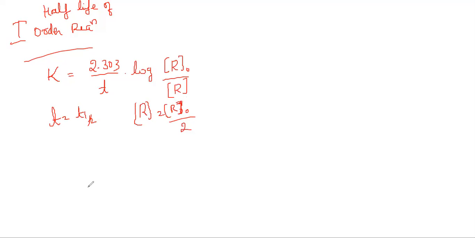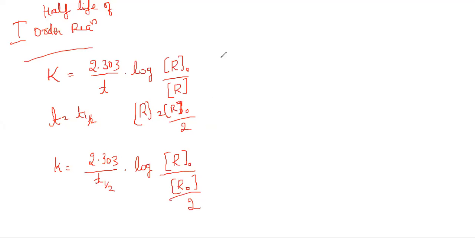Substituting that here, k is equal to 2.303 by t half into log of R naught by (R naught by 2).